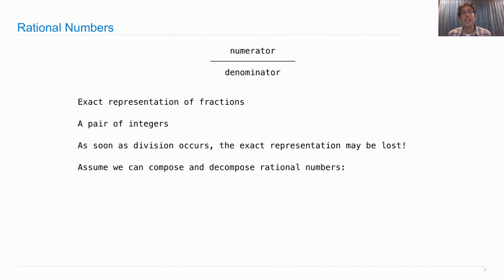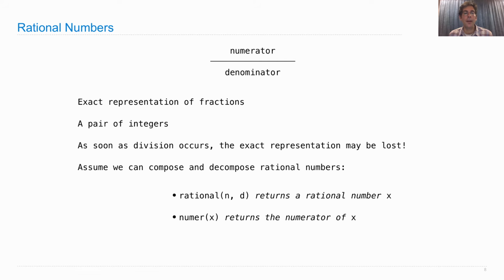So we assume that we can compose and decompose rational numbers as follows. We have a function rational, which takes n and d, a numerator and a denominator, which are integers, and returns a compound data type, a rational number x. We have another function, numer(x), which returns the numerator of a rational number x. And likewise, we have a denom(x) function, which returns the denominator.